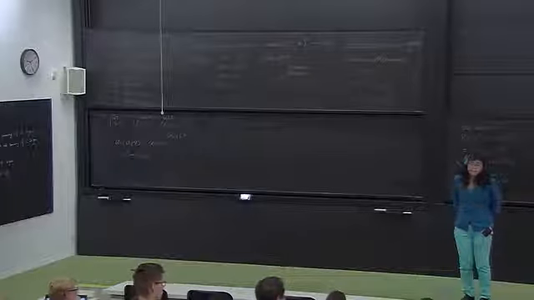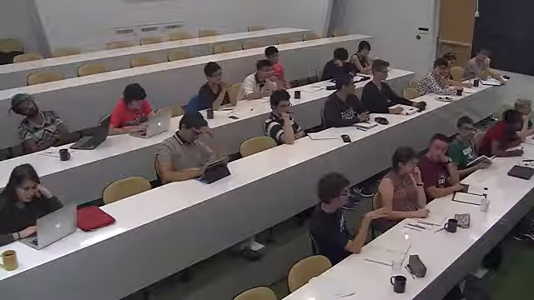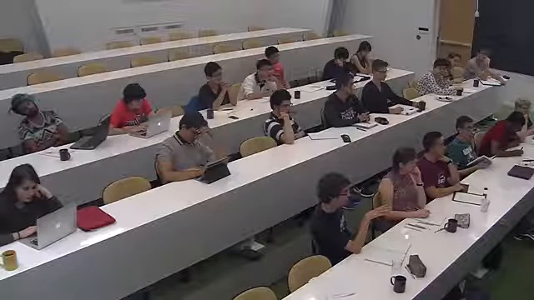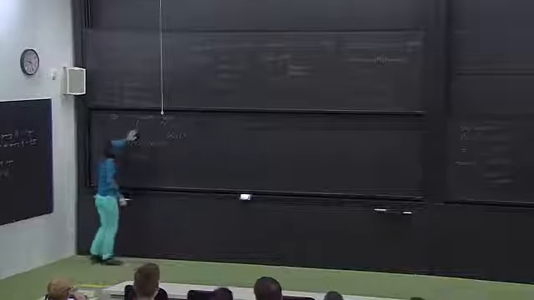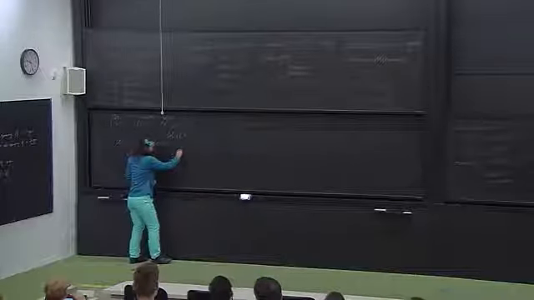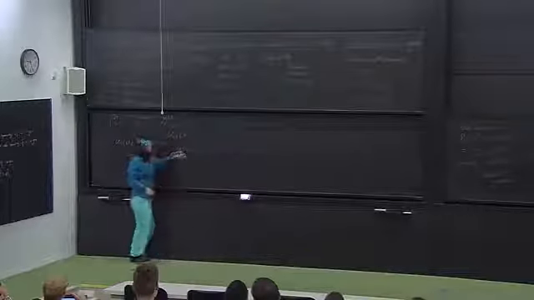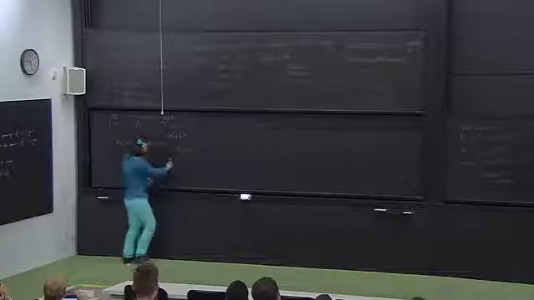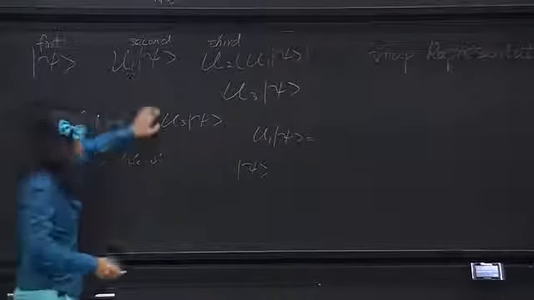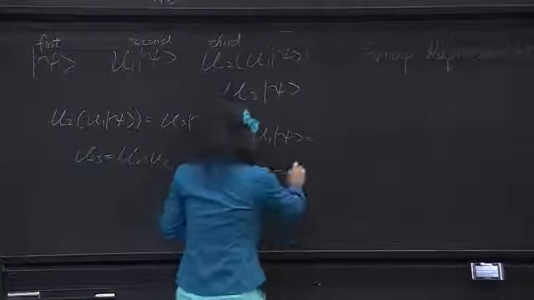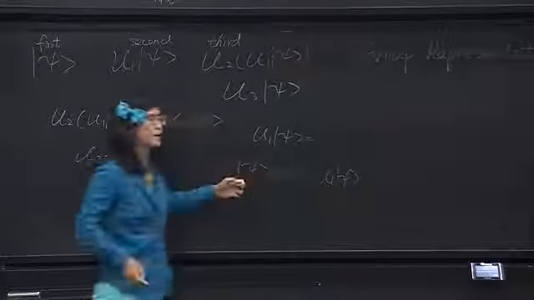Yep. But I didn't quite understand the argument that you said about them being invertible. Well, what I'm saying is that this state is equal to the operator acting on psi, but you can imagine that acting with U1 on psi must get back to psi.